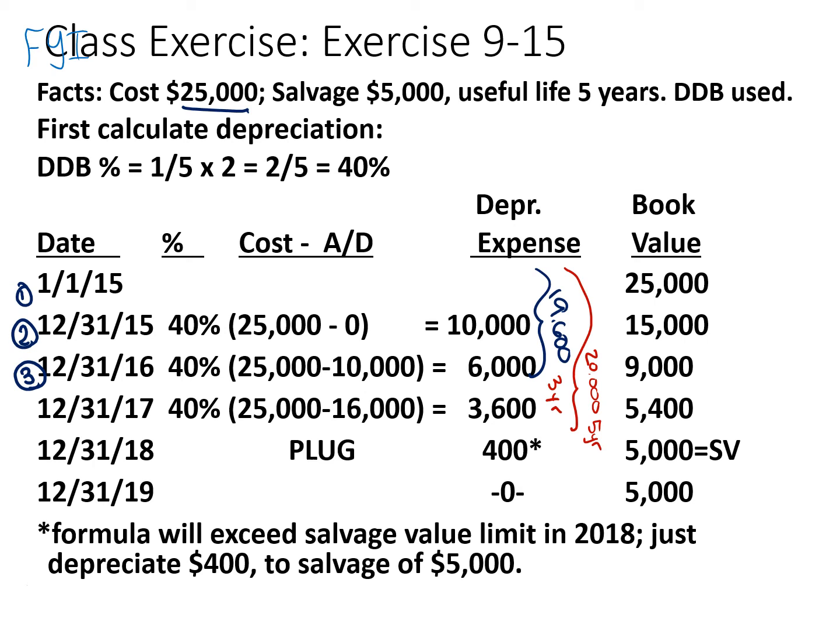So we have depreciated it either for 3 years, which would be $19,600 accumulated depreciation, or we'll have depreciated it 5 years, which would be the $20,000. So that's how you compute the accumulated depreciation. So let's see what we do either in year 3 or year 5.